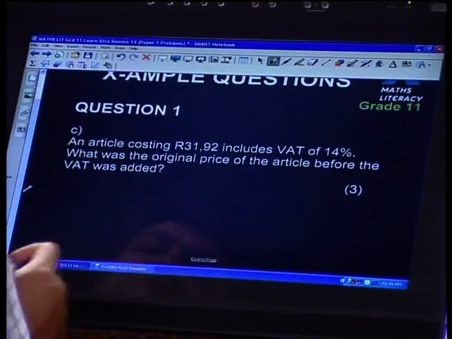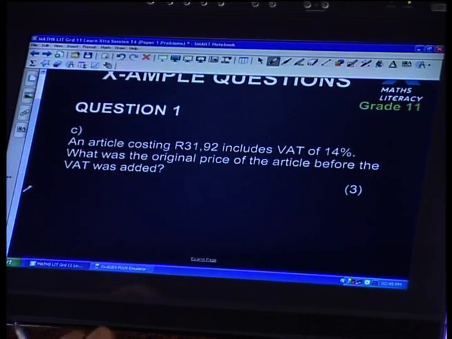Let's go on. My next question says the following. An article costing 31 Rand 92 cents includes VAT of 14%. What was the original price of the article before the VAT was added? Now, you know, or should know at this stage anyway, that every item in a shop, except a few things like brown bread and mealie meal and rice, all gets VAT added onto it.